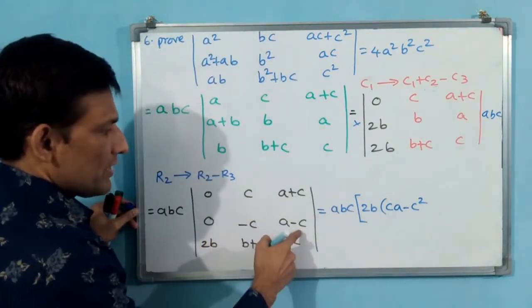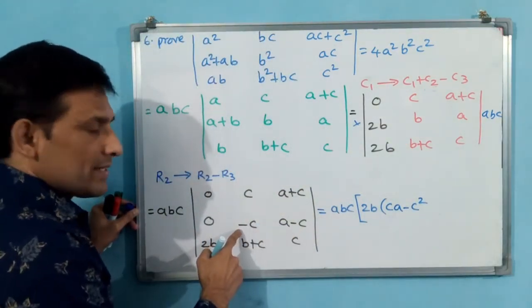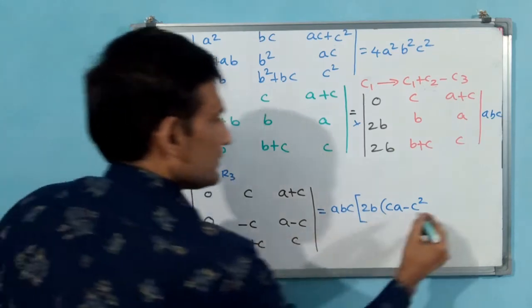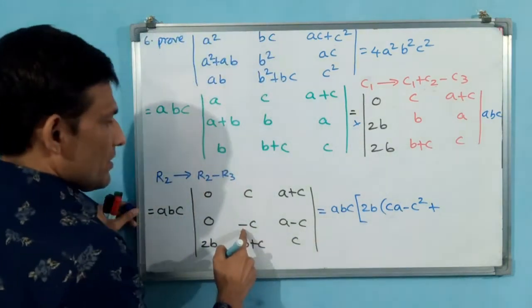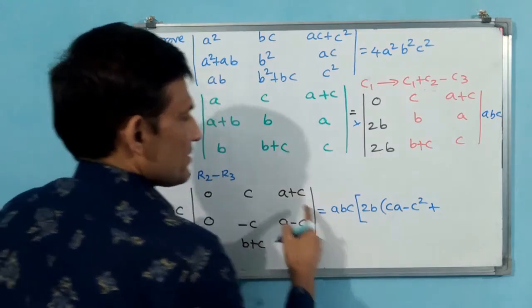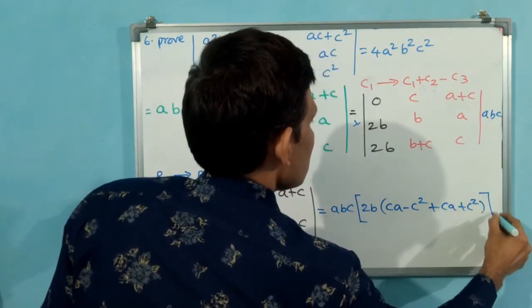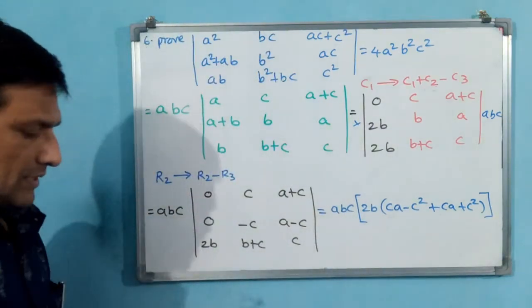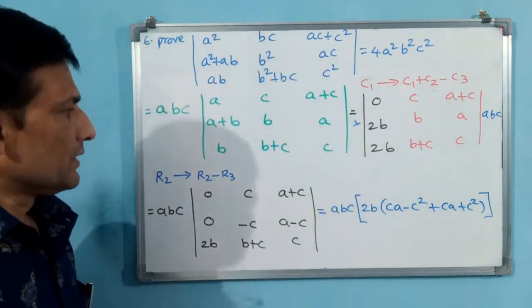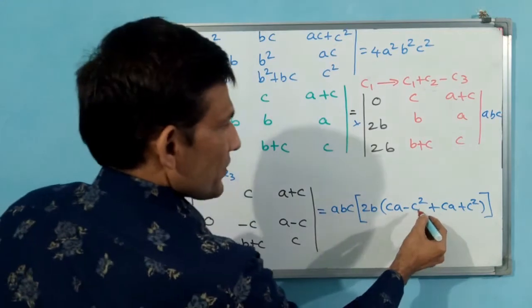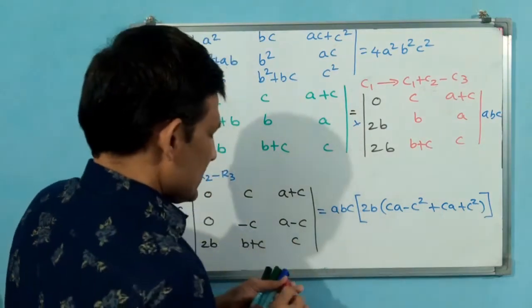Minus of minus is plus, so ca plus c square. Is it okay? Yes, definitely okay. Now you see c square terms are going to cancel.